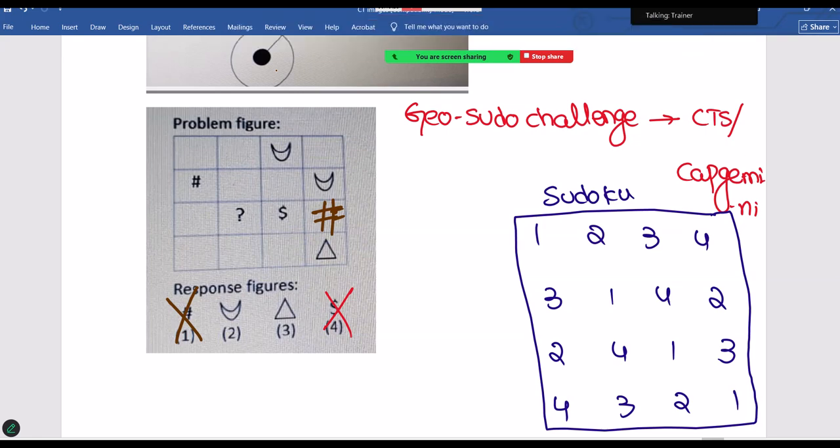Next, here dollar, half moon, hash. This must be triangle. Then this will be dollar. This will be triangle. Now triangle cannot come here, here, or here. Only possibility for triangle is this place.